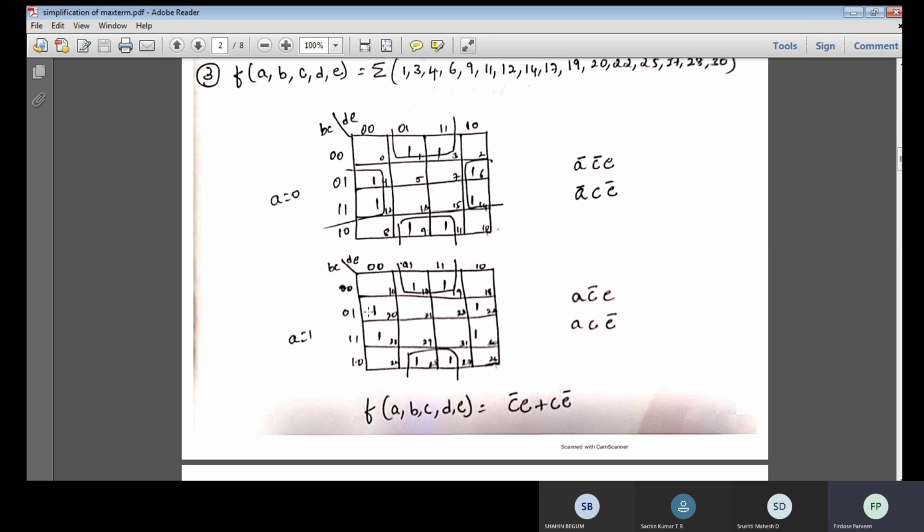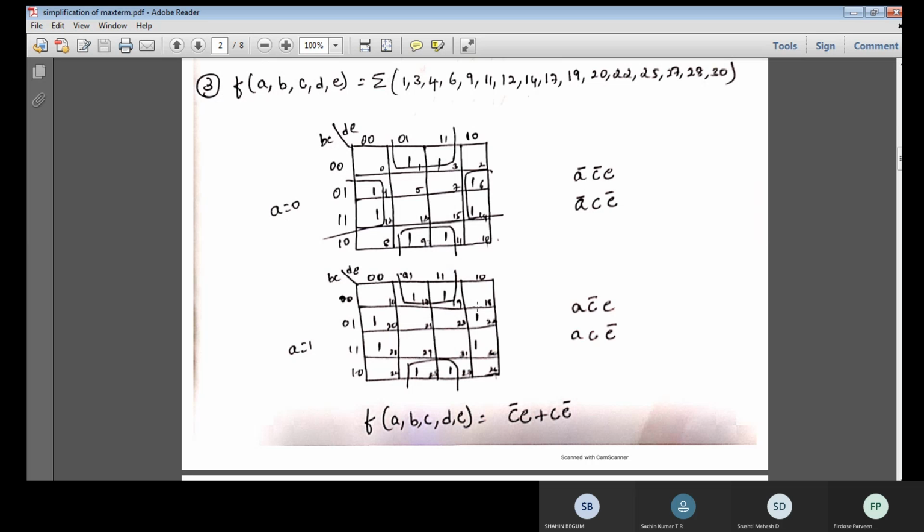So next group I have not shown here, I have forgotten. So it is cell number 20, 22, 27 and 30.